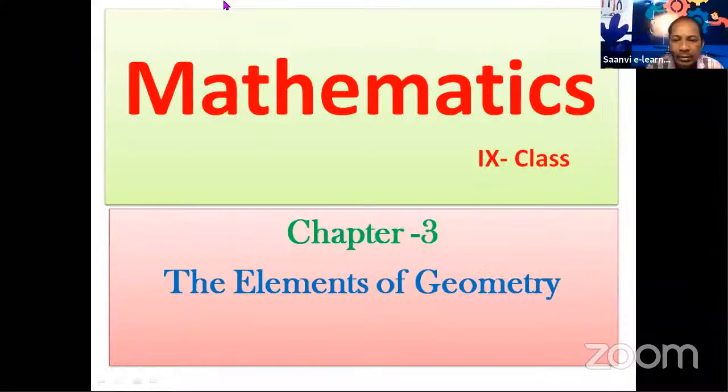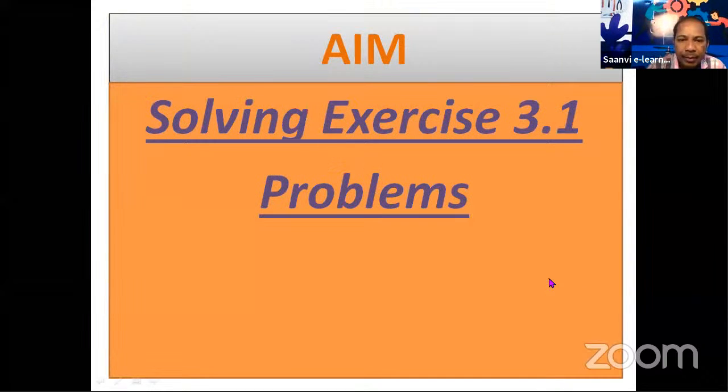Okay, very good. So today we are going to discuss the elements of geometry. Chapter 3, the elements of geometry. The aim of the topic is solving exercise 3.1 problems. Here in this chapter only one exercise is there.